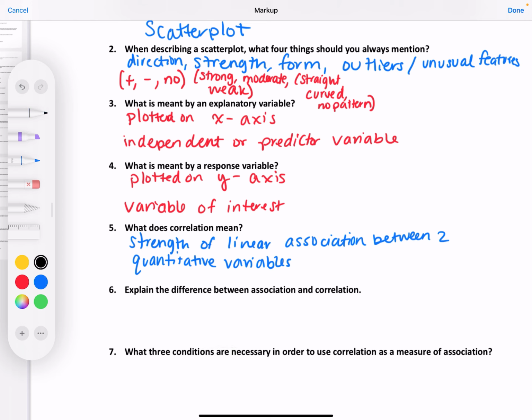And really, you could even change this from correlation, what does it mean, to what does it measure? Either way, but if it's a little bit confusing in how it's written, that would be what it means. Like, what does it measure?